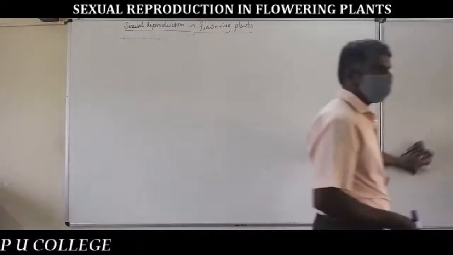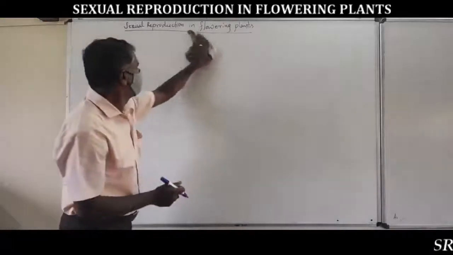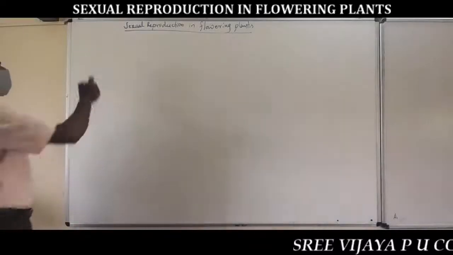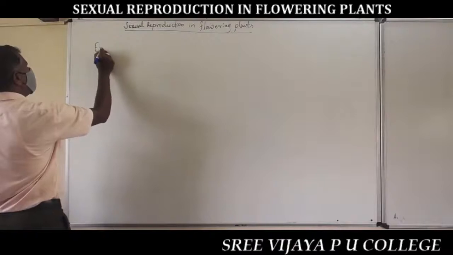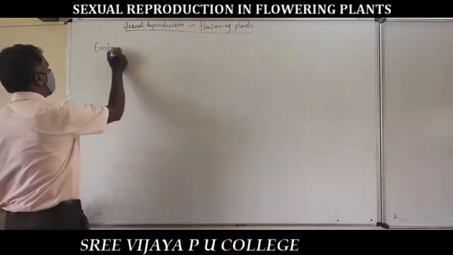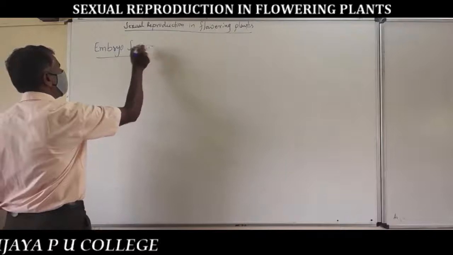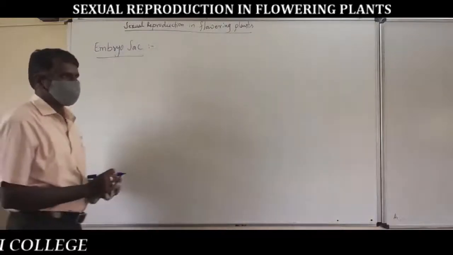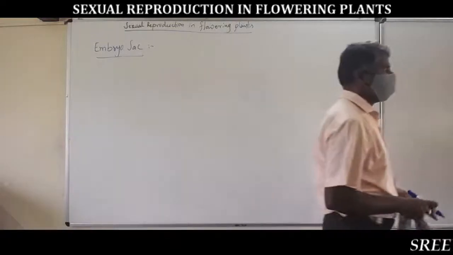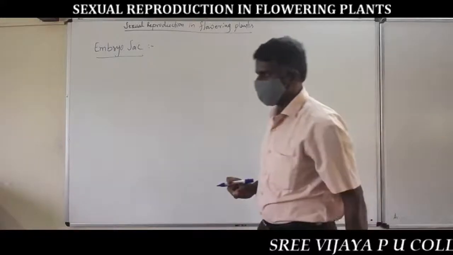Next, the female gametophyte, where the female gamete is present in the embryo sac. An embryo sac is formed by one of the cells of the nucellus.